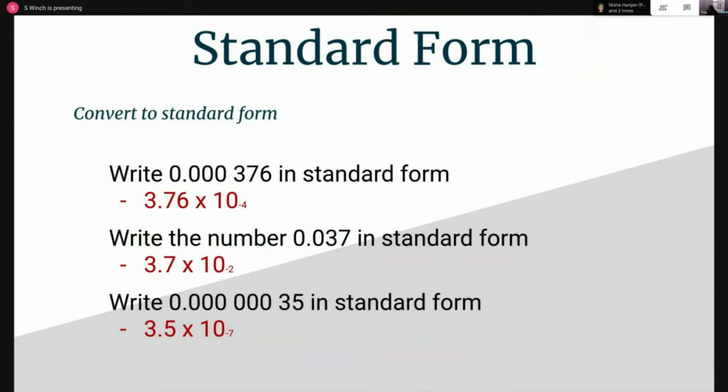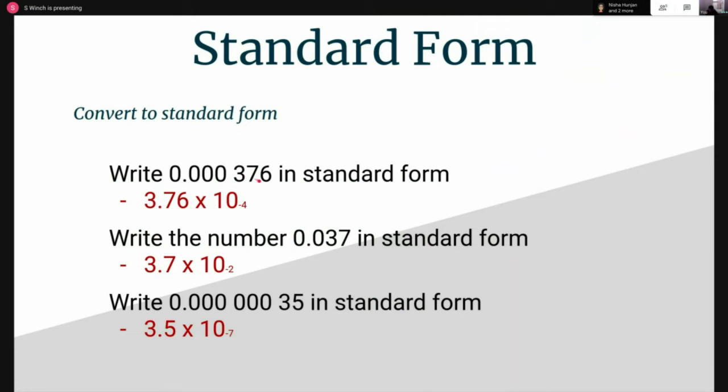Here's how we're going to convert to standard form using negative numbers. You'll be given in your GCSEs a number starting with 0 point something. So the first one, you've got 0.000376. How do we convert that into standard form? Again, the rule, remember, you must write your number between 1 and 10. So the first part of your answer has to be a decimal number between 1 and 10.